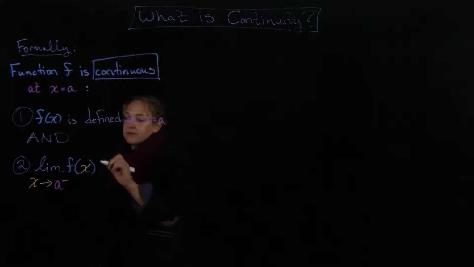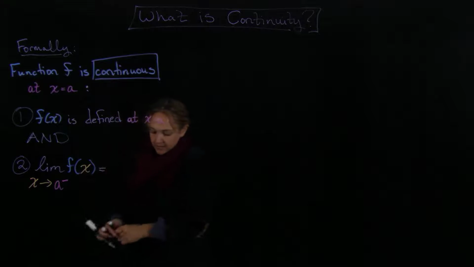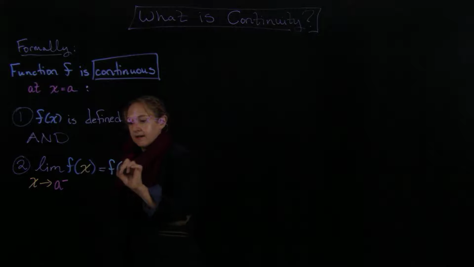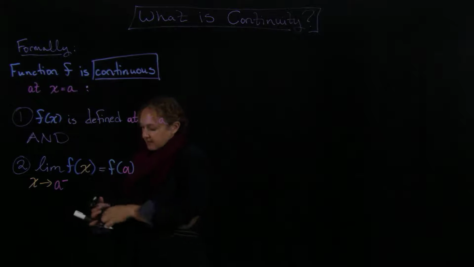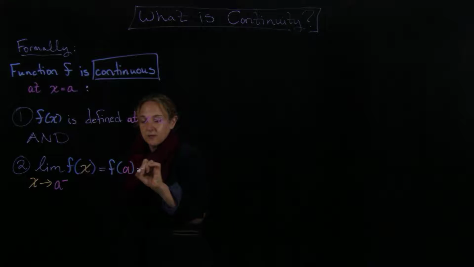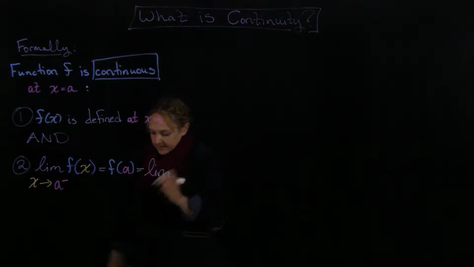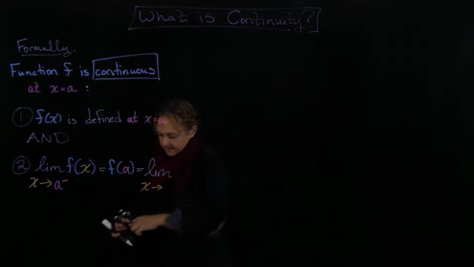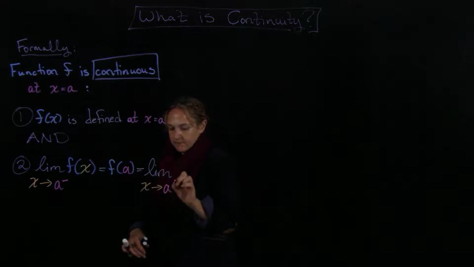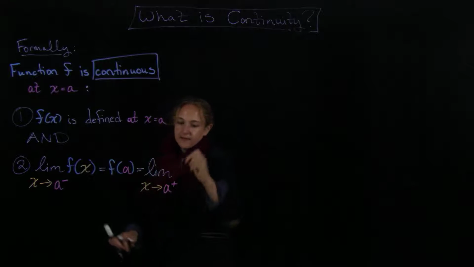What we want is that this is equal to what would happen if we actually stuck this value a into my function. And at the same time, that is going to equal what I get if I take the limit as x approaches a from the right-hand side of f of x.